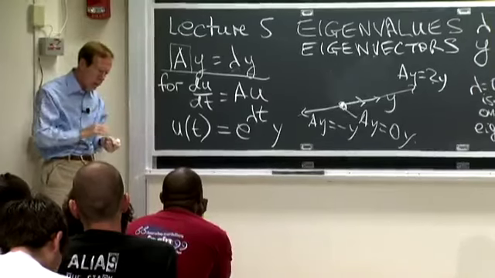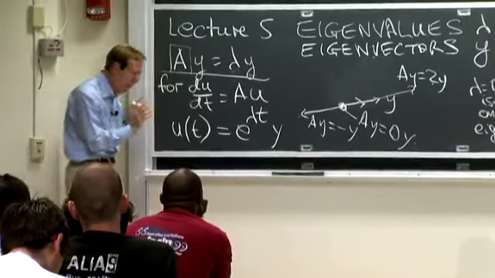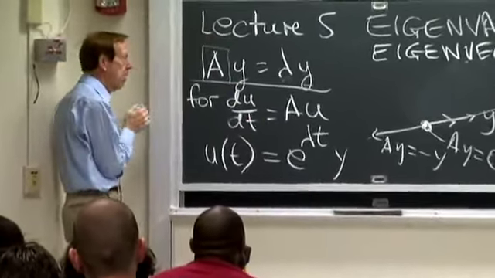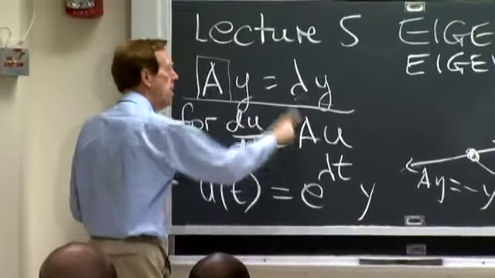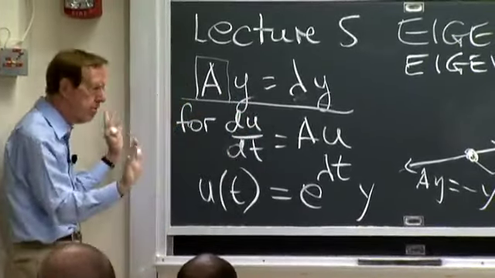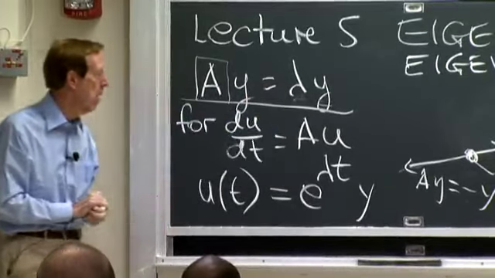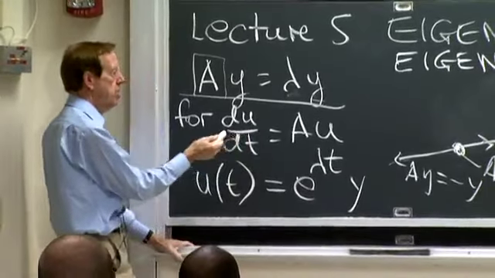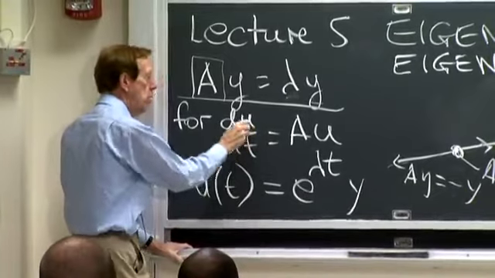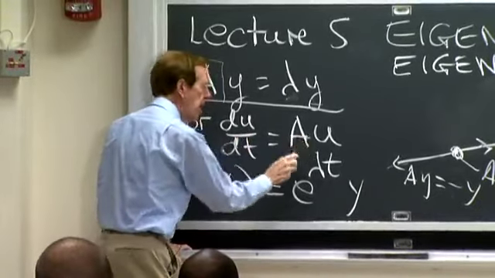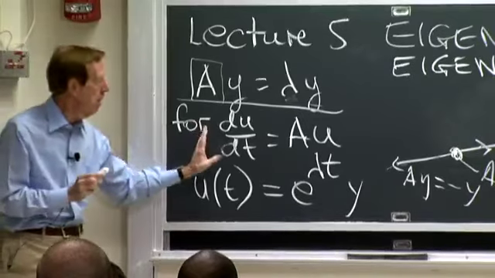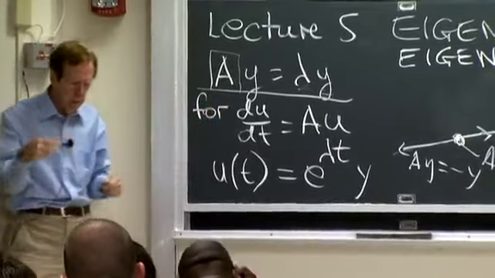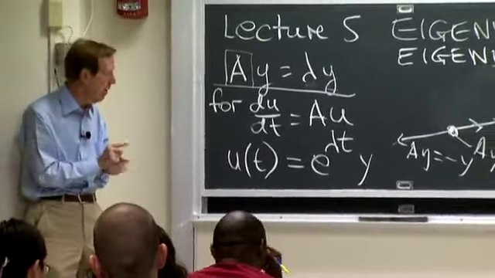But if we find an eigen direction, in that direction all the complications of A are gone. It's just acting like a number. So in particular, we could solve 1,000 differential equations with 1,000 unknown u's, with this 1,000 by 1,000 matrix. We can find a solution, and this is where the eigenvector and eigenvalue are going to pay off.